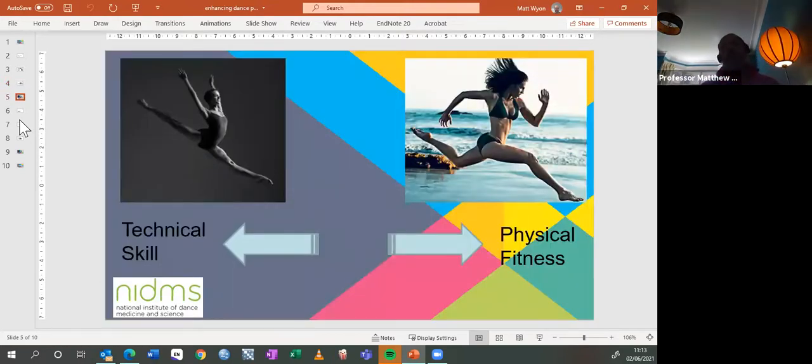So one of the differences, this is my very weird picture. Dancers down here, technically above anything that we see in sport. A lot of sport, this is not a very good picture of somebody running, but it just gives the idea, there's not much technique involved here.